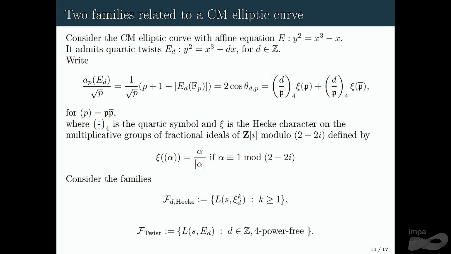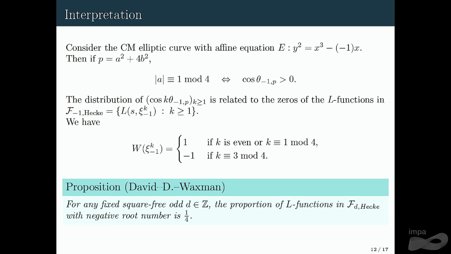And that was a family that I was interested in because, in particular, in the case D is equal to -1, this family of powers of character, as I said, it's talking about angles of Gaussian primes. And that helps me to study the question of looking at, if you write a prime as a sum of two squares, so this is a prime that is congruent to 1 modulo 4, I write it as a sum of two squares.